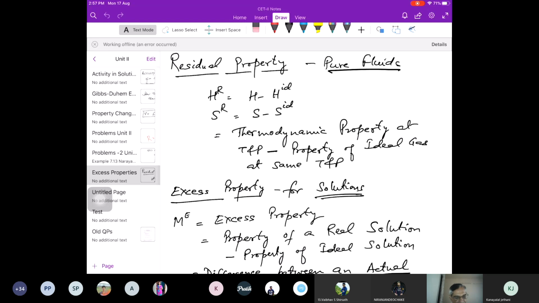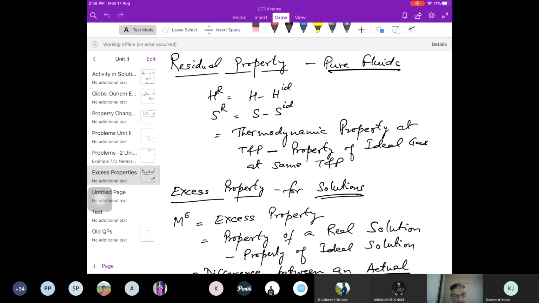So if we started with ideal gases, right? And then we introduced some equations for non-ideal gases, Peng-Robinson, etc. So residual property was defined as deviation between real gas property and ideal gas property. So H superscript R, residual property, is H minus H ideal, and S residual is equal to S minus S ideal.